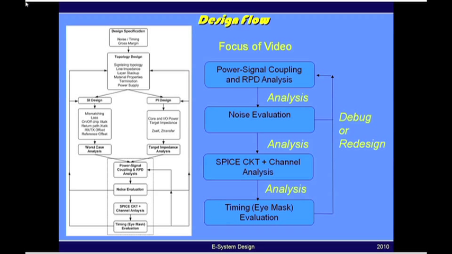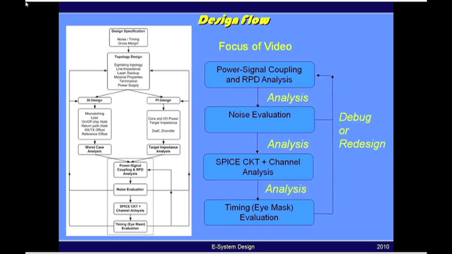So that noise has a direct effect on the signaling waveform that you actually generate. And we try to do this using some kind of tool, to be able to estimate the signal integrity of the waveforms while at the same time looking at the power aspects as well. And that is what is shown as both SPICE and channel analysis over here.